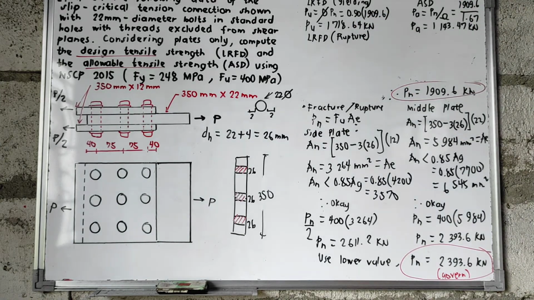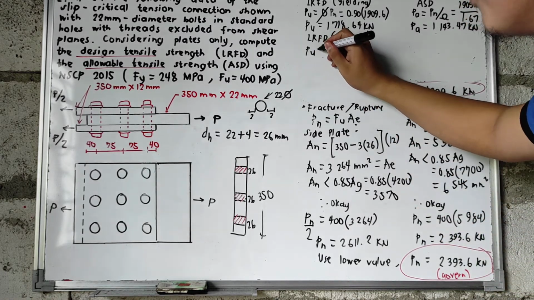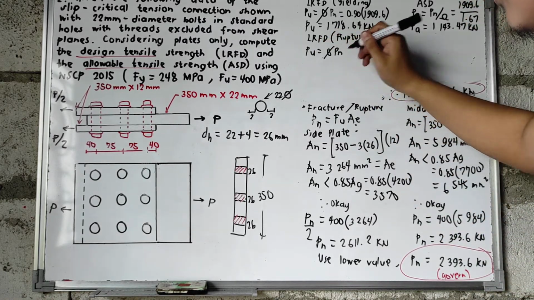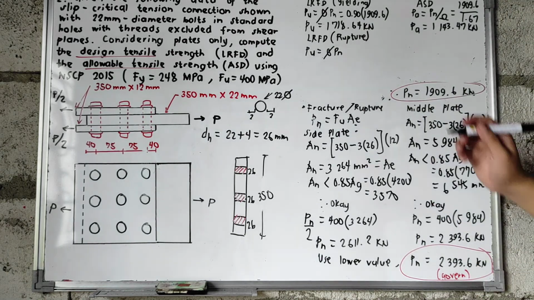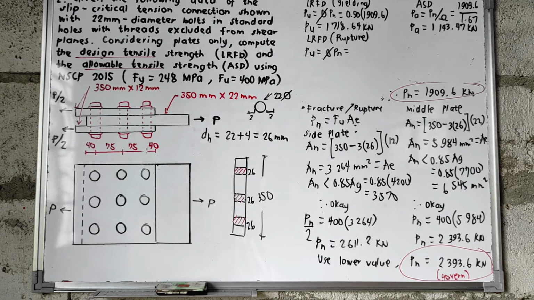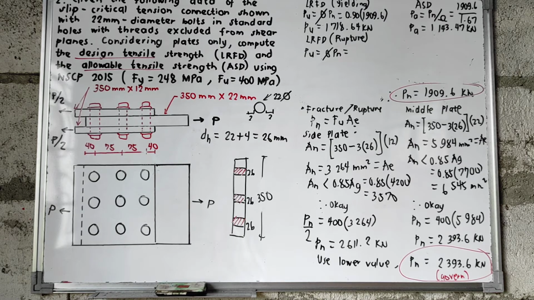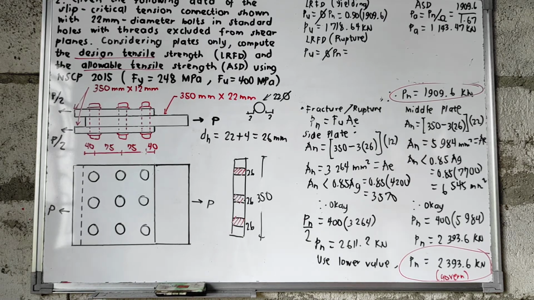So next naman is using naman sa rupture or fracture. Rupture or the fracture on the net section. So that is same lang. P sub U is equal to phi multiplied by the nominal. Kaso nga lang, yung reduction factor na gagamitin natin dito, that is equal to 0.75.